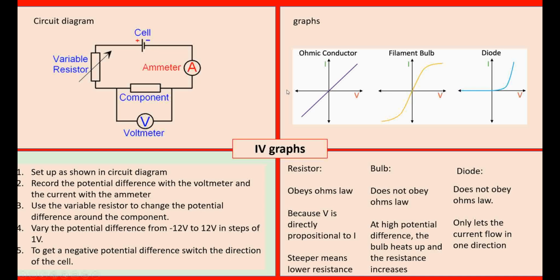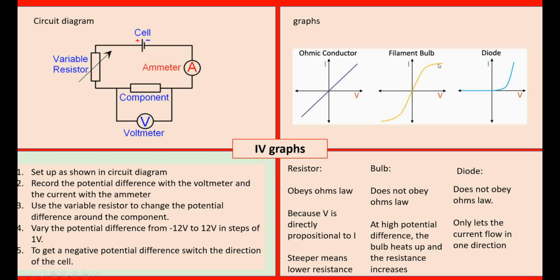For my graphs, we've got an ohmic conductor, so a resistor, that is directly proportional. Potential difference is directly proportional to current. Directly proportional means it is a straight line that goes through the origin, goes through 0. All ohmic conductors follow this graph. It means that the resistance is constant. The filament bulb and diode are not ohmic conductors.